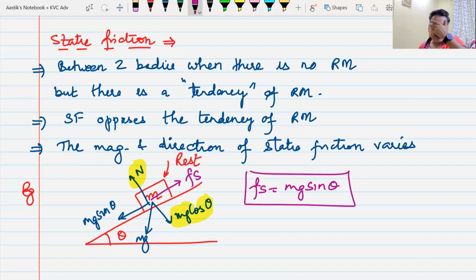Static friction is the friction that comes between two bodies when there is no relative motion, but there is a tendency of relative motion. I'll give you 2 minutes to note it down. Once you are done, please let me know. If you have any doubts, please ask me.